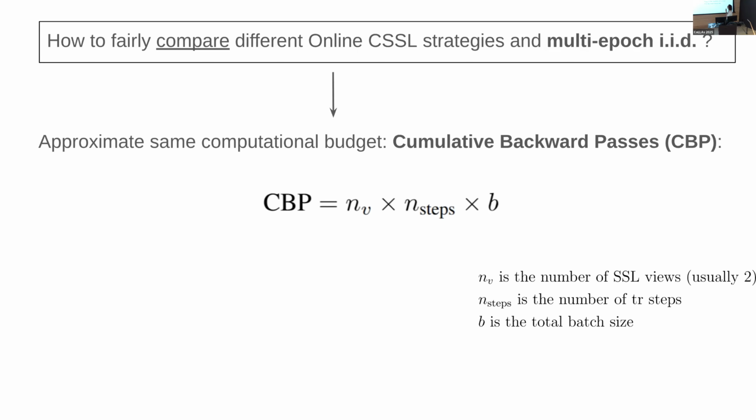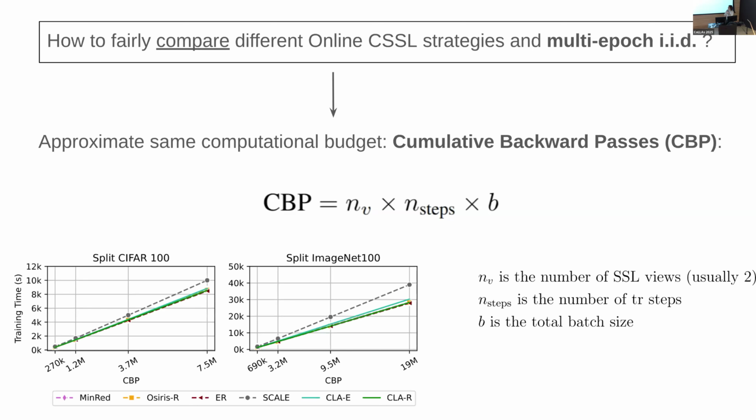It is called cumulative backward passes, and it counts the number of backward passes that have been done in the entire training. In short, CBP is just calculated as the number of views extracted by the self-supervised model, times the number of training steps during the whole training, times B, which is the batch size, composed of both stream and replay samples. This metric is simple, but we proved that it is linearly related to the actual computation time.